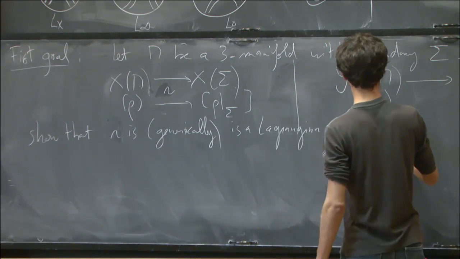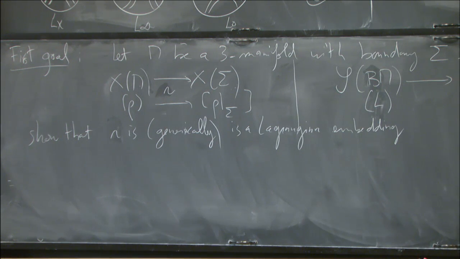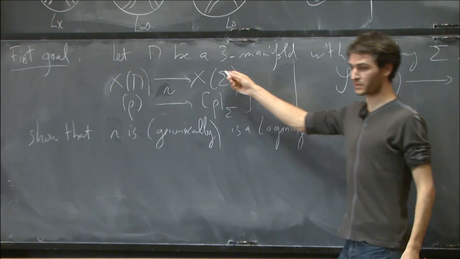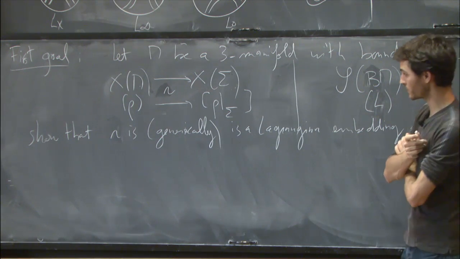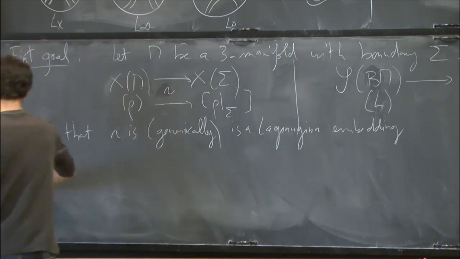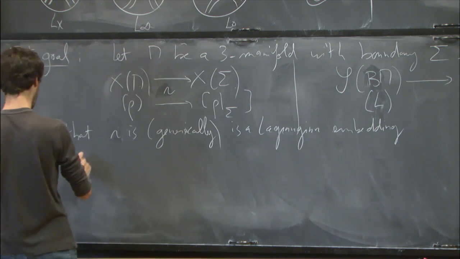I mean, for any point, the image of the tangent space is a Lagrangian subspace of the tangent space of X of sigma. And I would like to show you that you can almost derive it from skein module arguments using this derived skein module. So first, make a general assumption.